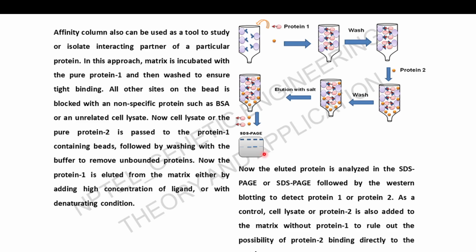Definitely for the interaction studies, you should always be having a control where the other protein is also passed through without including the histidine tagged proteins, so that suppose there is some kind of interaction of the untagged protein with the matrix, then that can also be seen on the SDS-based gel. Okay.